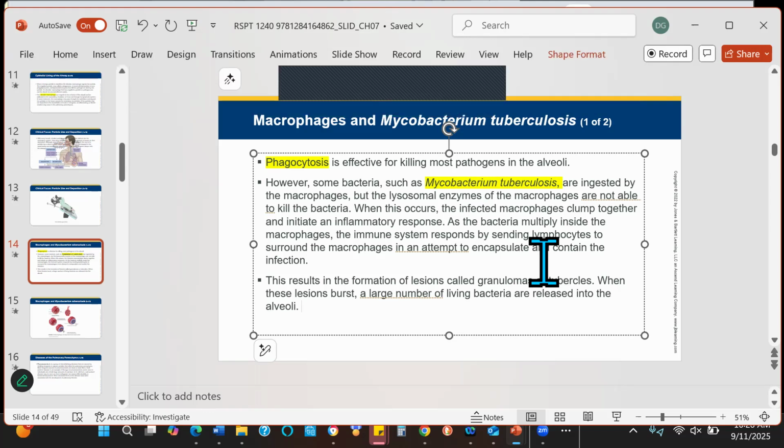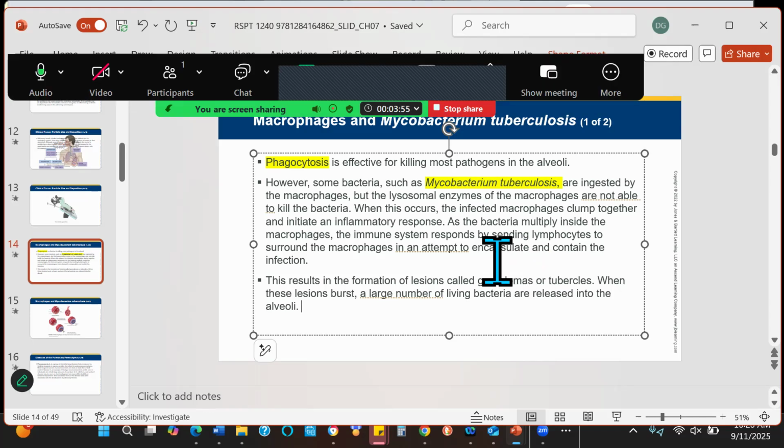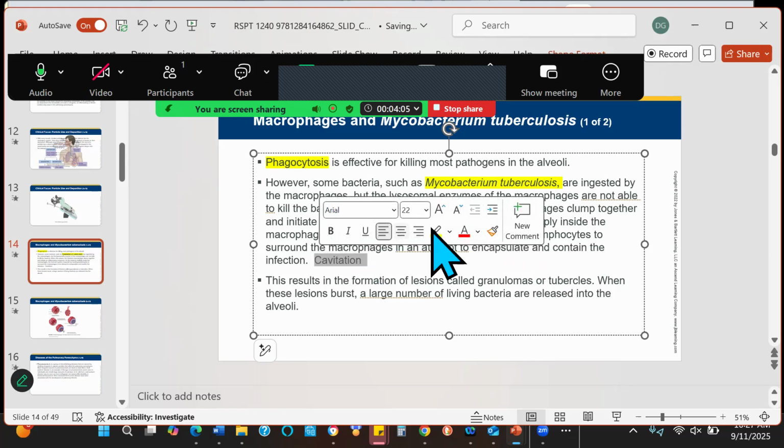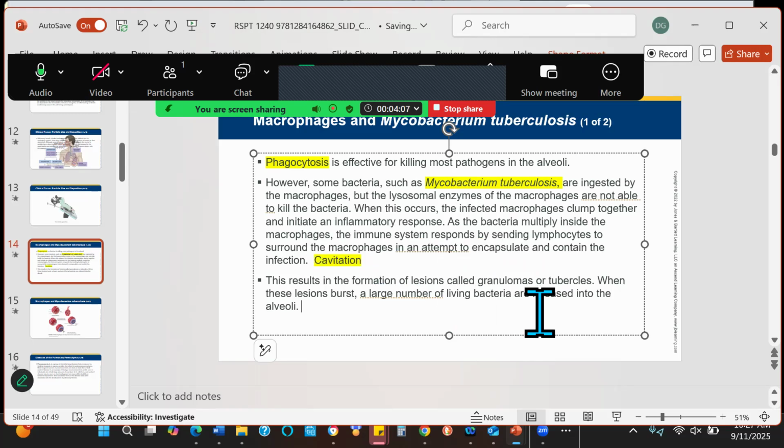So what the macrophage will do is encapsulate and contain the infection, which creates, might be the first time you're hearing this word, cavitation. Cavitation. There is a cavity on the X-ray, usually an upper lobe cavity that forms and seals off the infection as best it can. But that is an example.